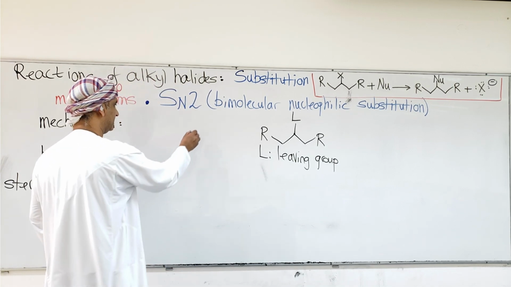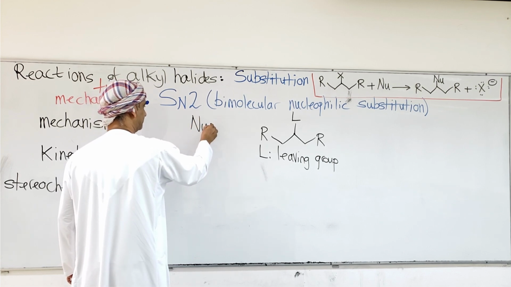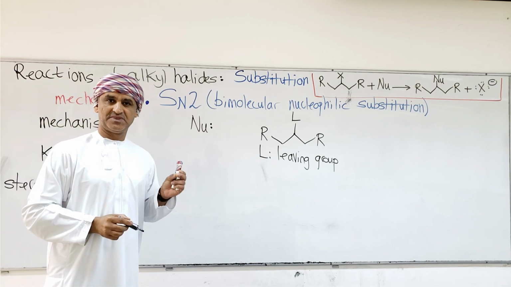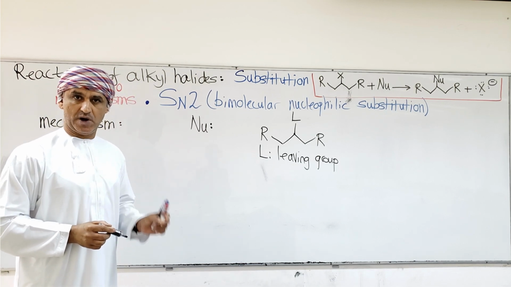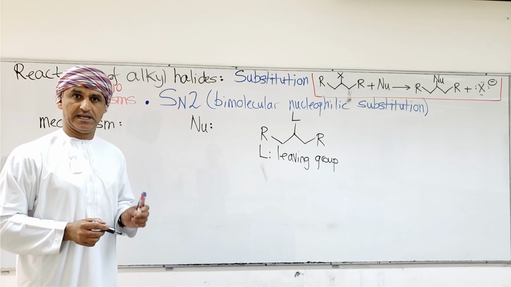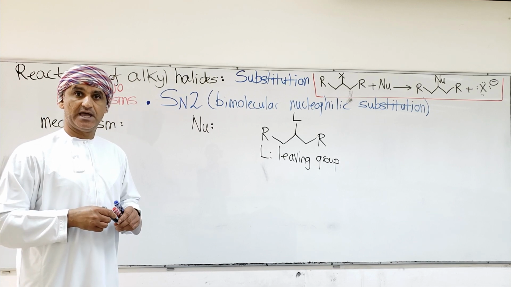So we have the nucleophile, and the nucleophile by definition must have a lone pair. This is a very important requirement for any substance to behave as a nucleophile. It must have a lone pair.